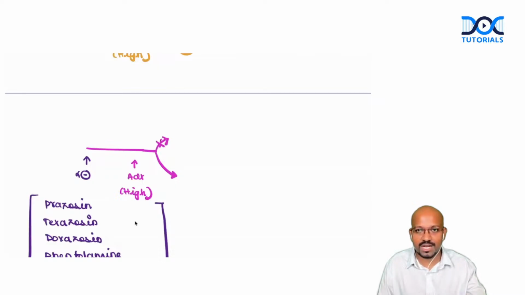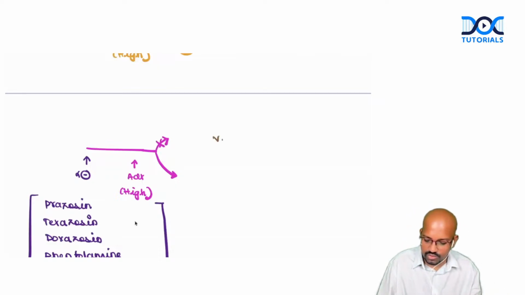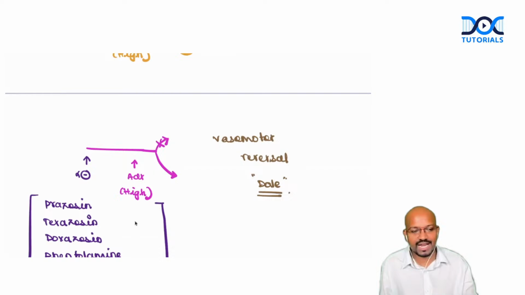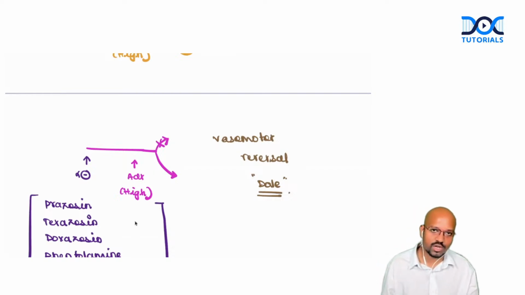You administer adrenaline, BP will start falling down. That concept is what we call as vasomotor reversal. This concept is explained as the vasomotor reversal phenomenon, which was explained by Professor Dale. That's why it has been named as vasomotor reversal of Dale. This is the meaning of vasomotor reversal of Dale.